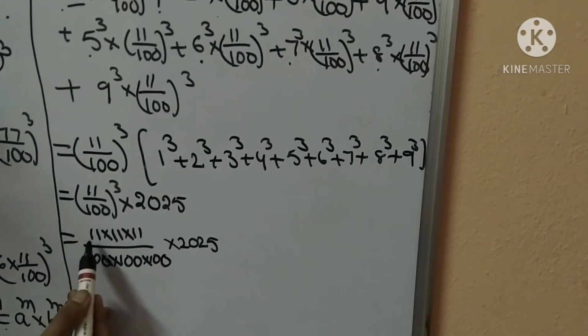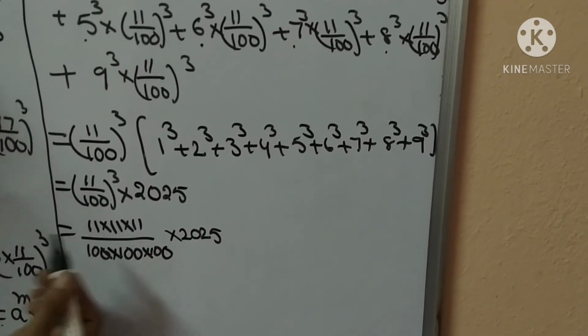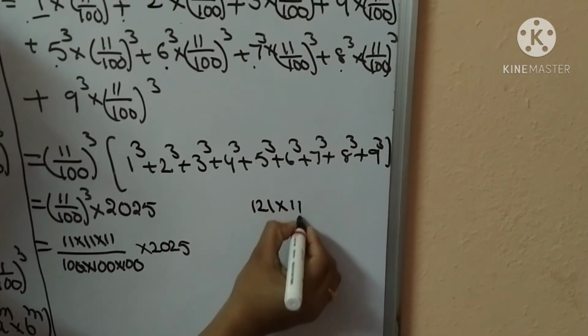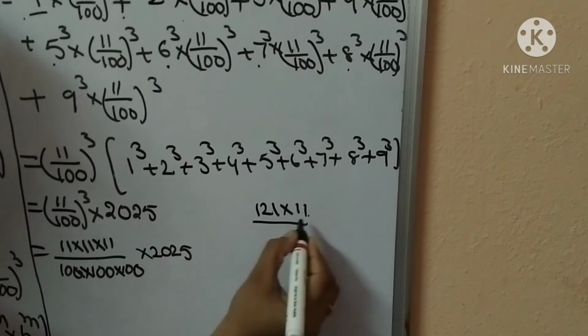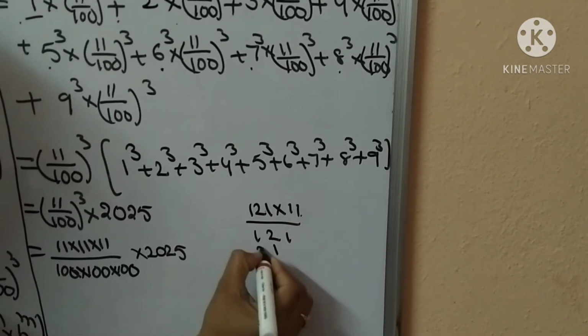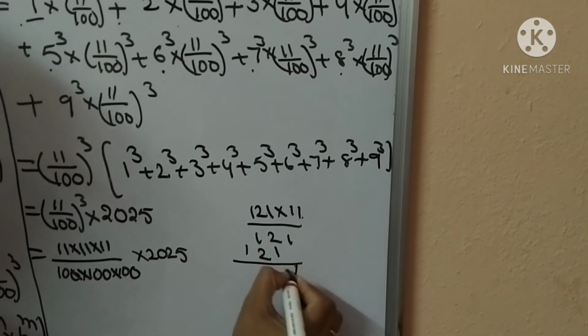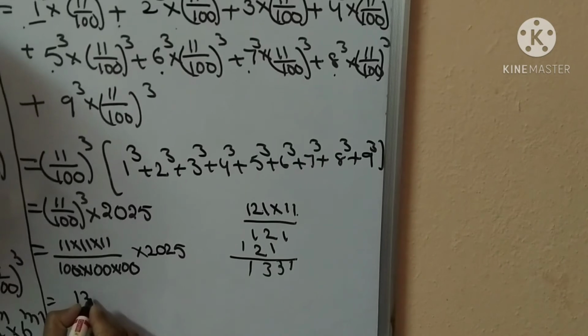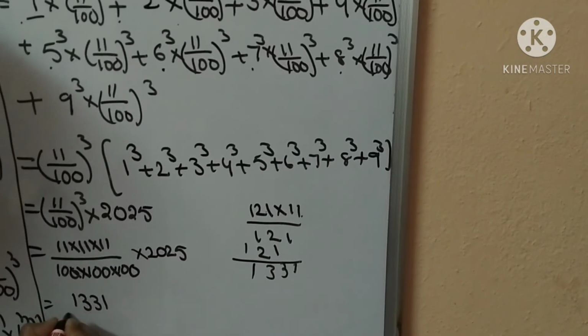Here 11 into 11 into 11: 11 11s are 121, then into 11 gives 1331.